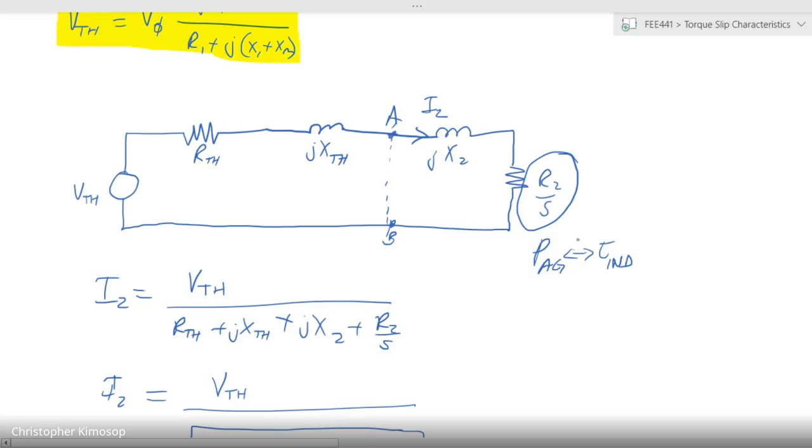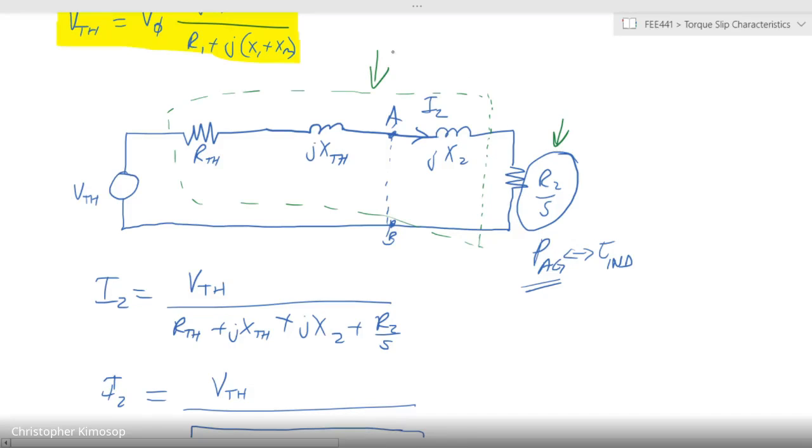So when will this be maximized? By the maximum power transfer principle, the power being transferred here is maximum when it is equal to the power being transferred by all of this section.